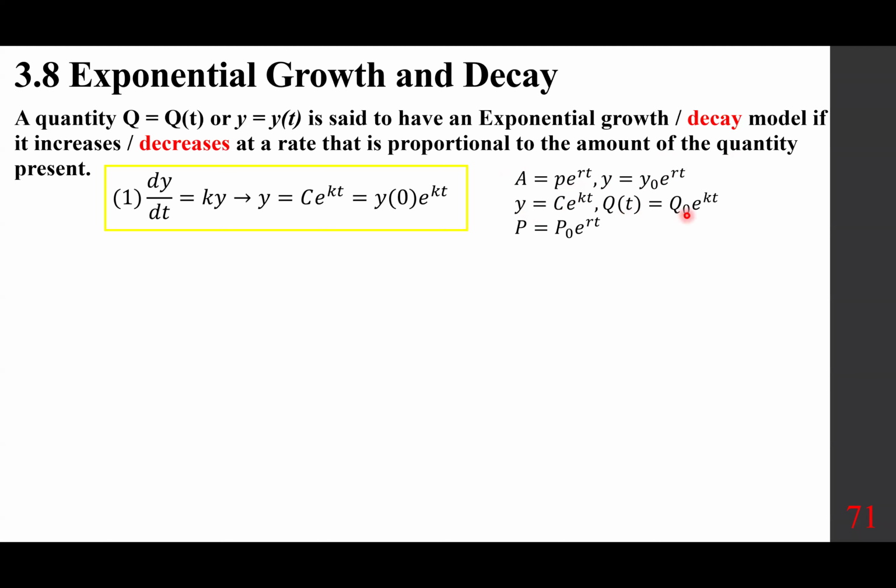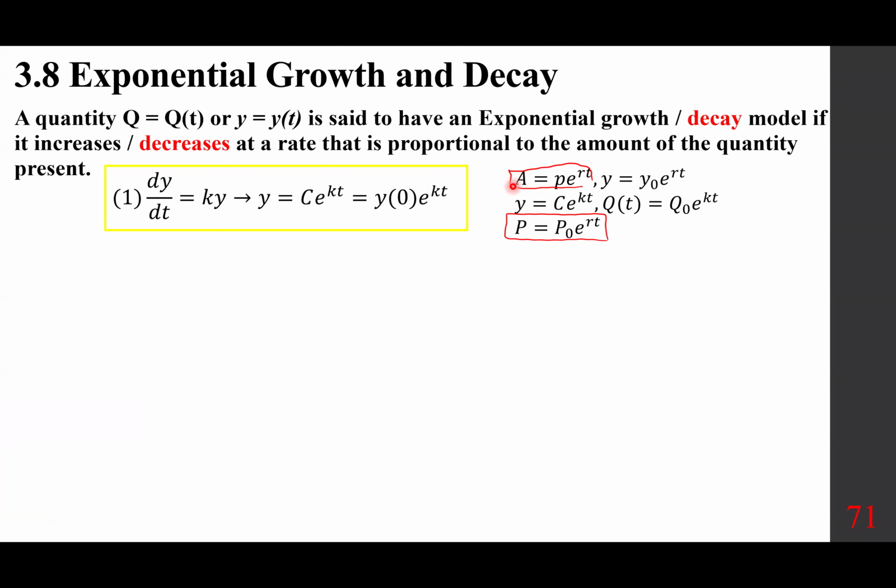Q of t is Q sub 0 e to the power of kt. P is P sub 0 e to the power of rt. I'm showing you different formats you've seen depending on the context. We may use different variables. They all mean the same thing. For example, these two are identical.